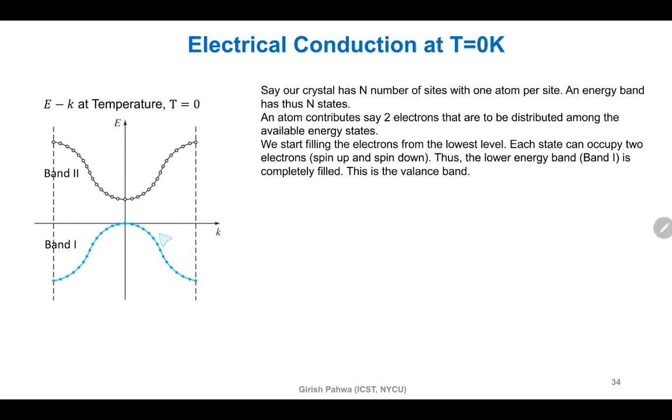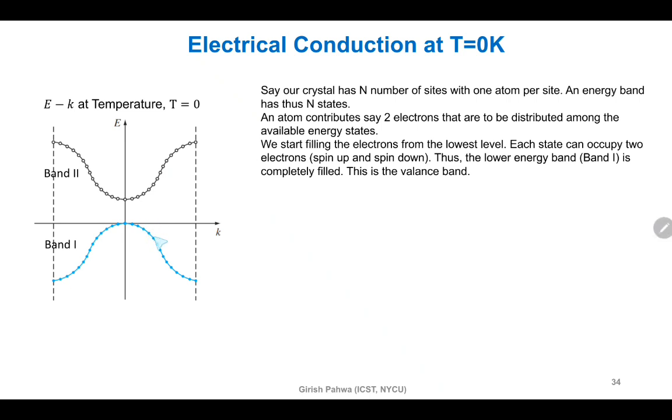Corresponding to each k you will have a wave packet of an electron. There will be two, because of plus and minus spin, but let's just ignore the spin. So you have one k, and corresponding to that you have one wave packet, or maybe two wave packets if you want to include the spin.